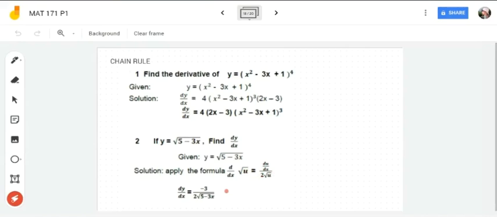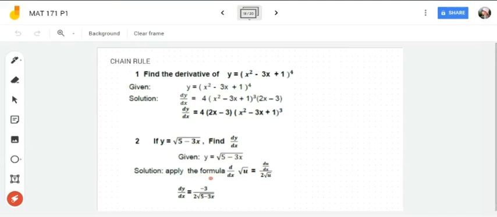So for this, we have the derivative of your 5 minus 3x, this will become 0, this will become negative 3. So your du over dx is negative 3 over 2, and then your u is square root of 5 minus 3x. So we'll just copy that. So the derivative is equal to negative 3 over 2 square root of 5 minus 3x.